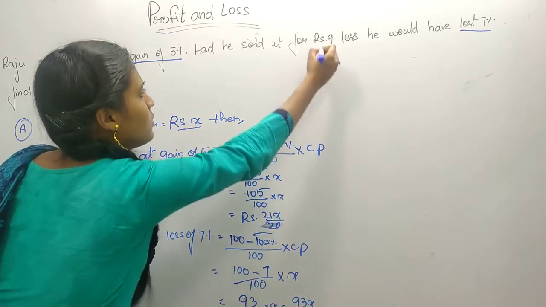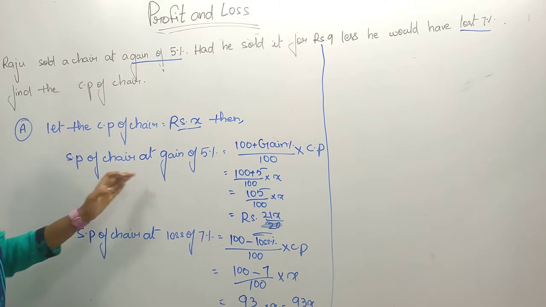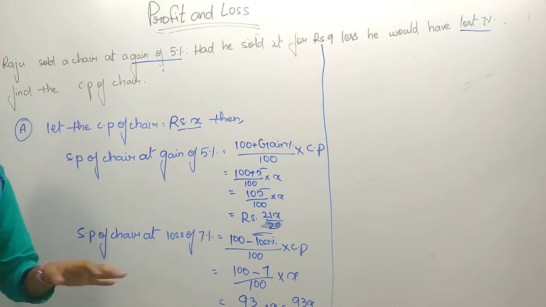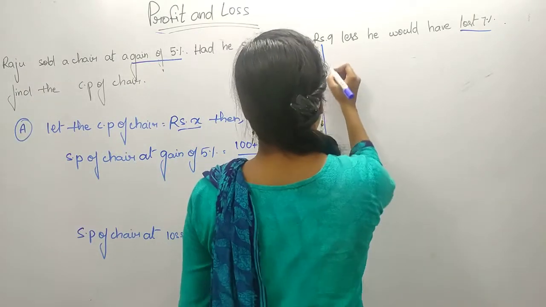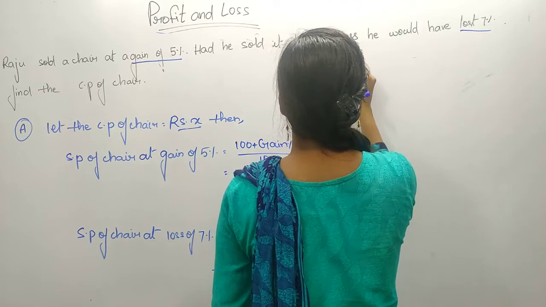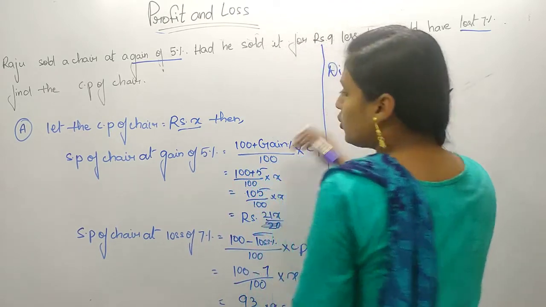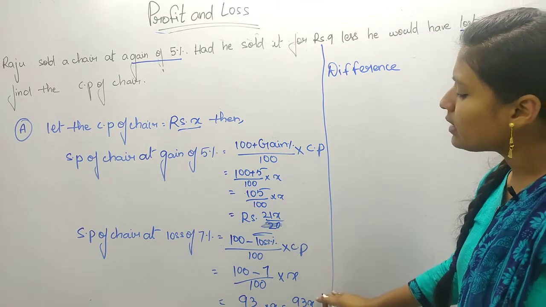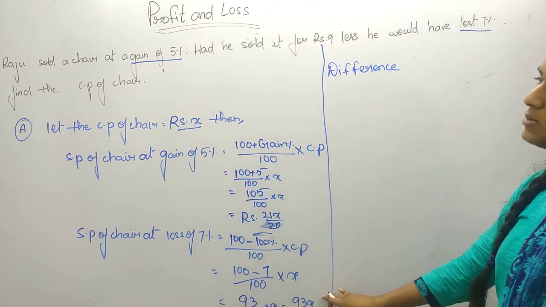Okay. We found the selling price of the chair at gain percent and the selling price of the chair at loss percent. Now finally what will we do? Difference between the two SPs.